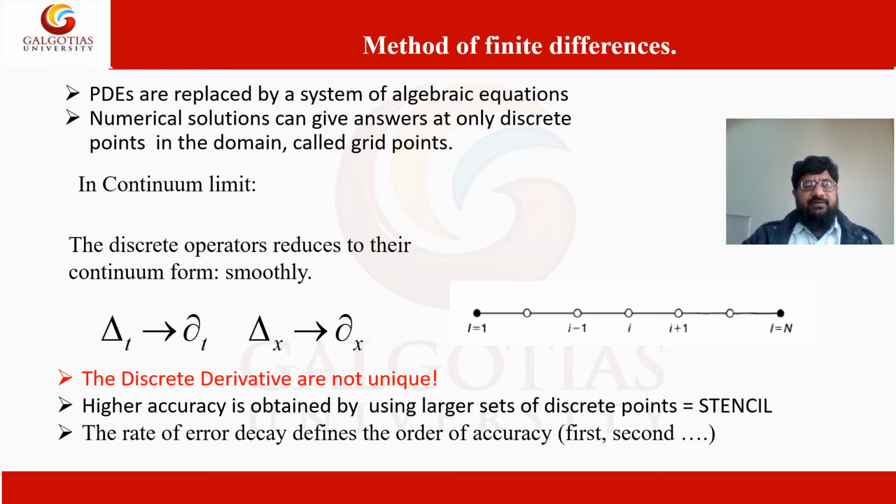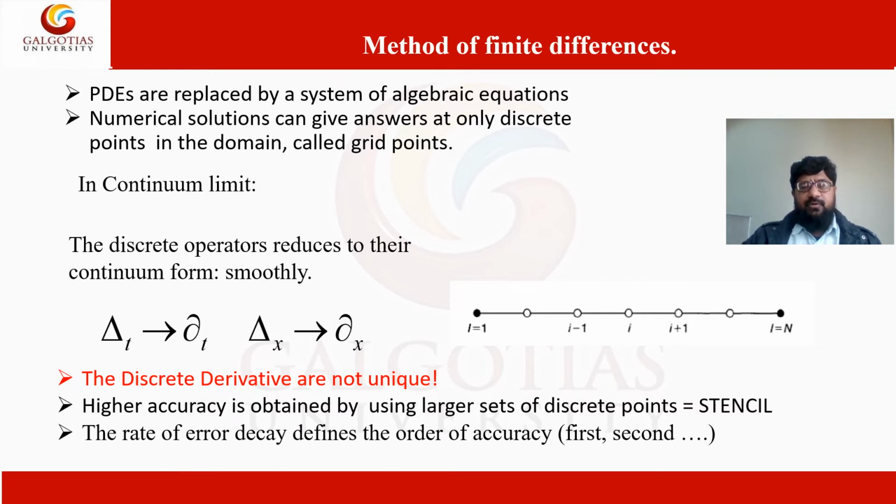And similarly, we can discretize del f by del t, like we have discretized del f by del x, and in the continuum limit, when del x approaches 0 and del t approaches 0, our finite difference equivalent will return to their partial differential form. And as I have earlier told you, discrete derivatives are not unique. What is the meaning of it?